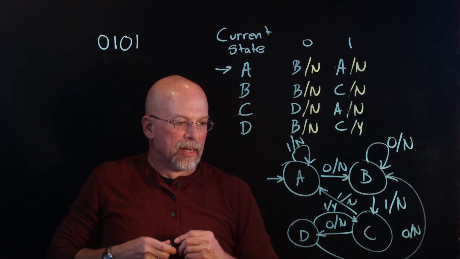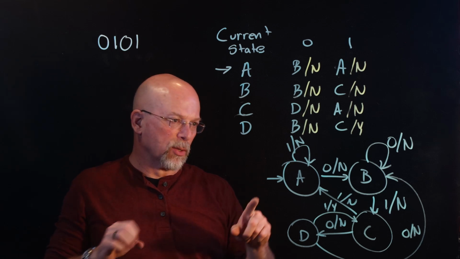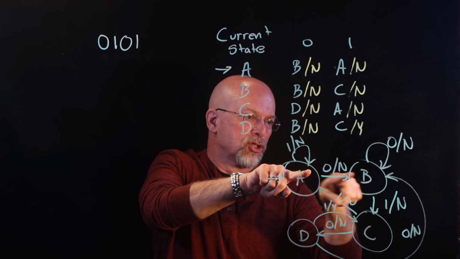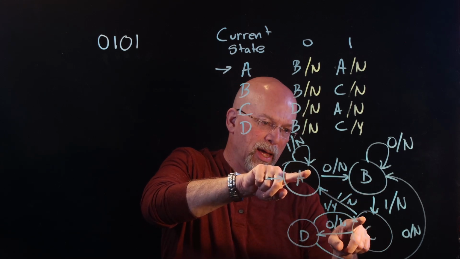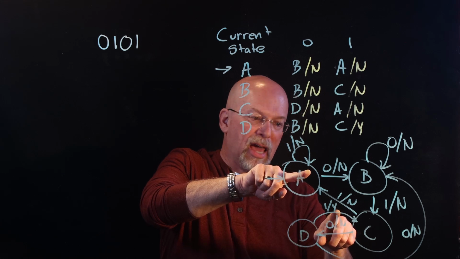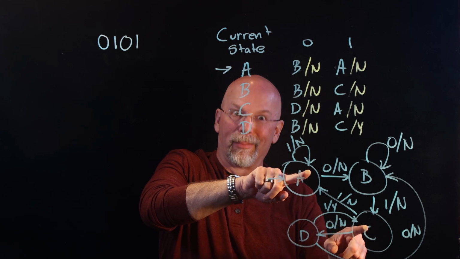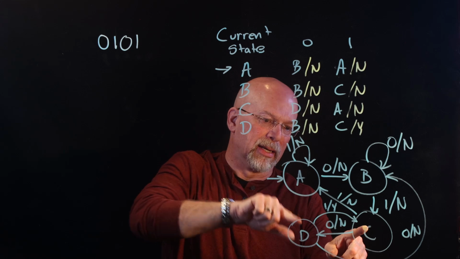All right. Now, does this work? Is this correct? Well, let's do a couple of sequences. As long as I keep getting 1s, I'm staying in A. But if I get a 0, 1, 0, 1, I output a yes. And in fact, as long as I keep getting 0, 1, 0, 1, 0, 1, I'm going to keep outputting yeses for continuing to get that pattern repeating or embedded in itself.